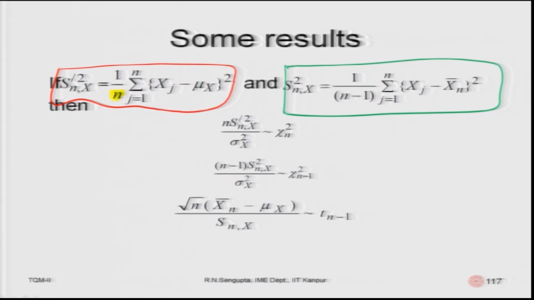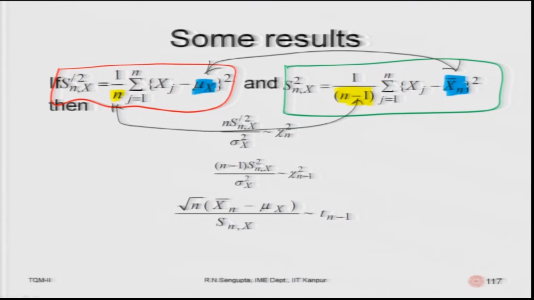This part is important along with this, and another part which is important is this along with this. So this gets replaced here, and as you utilize this, you lose 1 degree of freedom here.